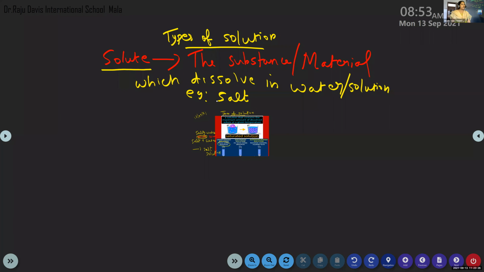But if you take muddy water, in the beginning, what did we use as a solute over there? Muddy water you are putting, but after some time what will happen? Mud is a solute, but it is not fully dissolving. Still we can call it a solute because it is mixing with the water. But afterwards it will undergo sedimentation.